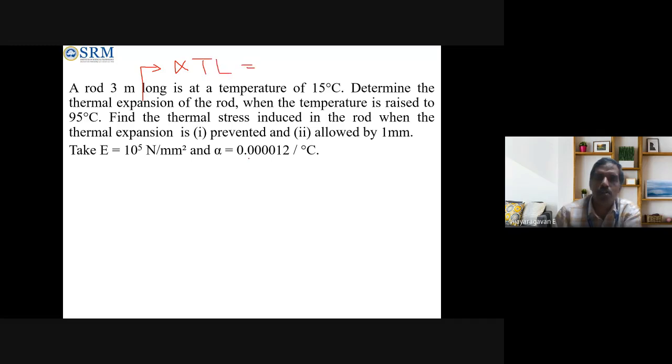So alpha value is given as 1.2 into 10 power minus 5. And the difference in temperature is 95 minus 15, so it is 80 degrees. And the length of the rod is 3 meters, so that is 3000 mm. So how much?